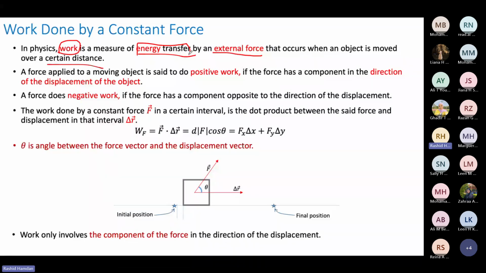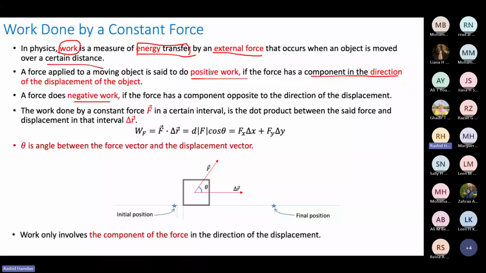So when we apply a force to a moving object, this force could be doing positive work or negative work. If the force has a component in the direction of motion, then I say that this force is doing positive work. It's giving energy to the object.